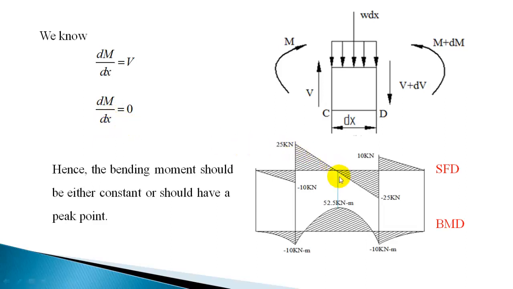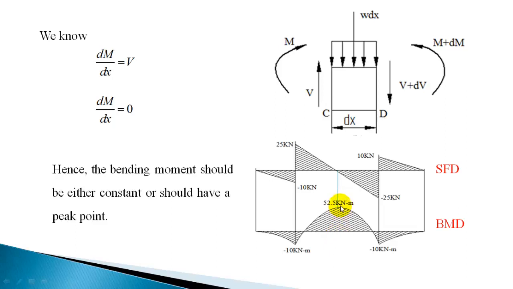So corresponding to this one particular point, if shear force is coming to 0, the slope of the bending moment curve should be 0, or the bending moment curve should have a peak point. It need not be maximum, the peak can be minimum also, like it can have a peak like this. So the bending moment curve can be like this, but always wherever shear force is 0, that should have a peak point.